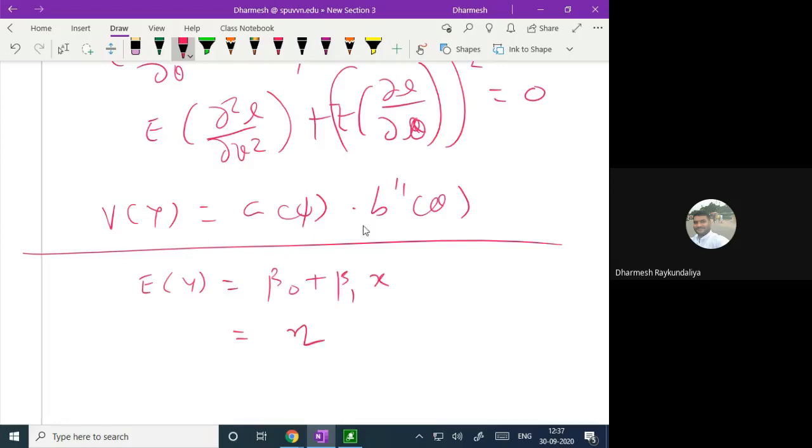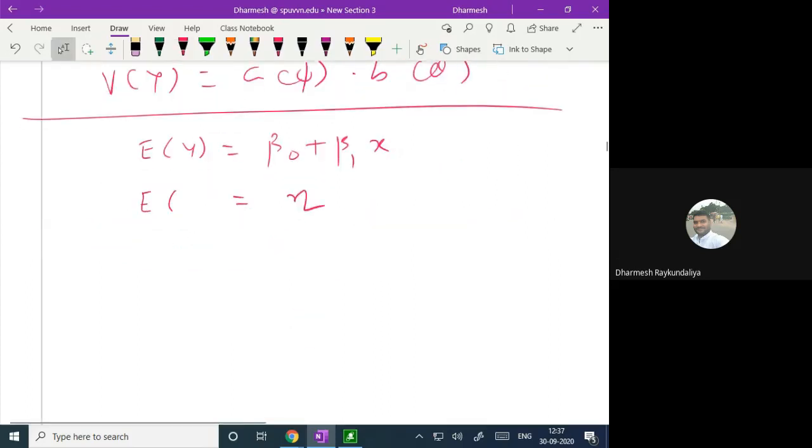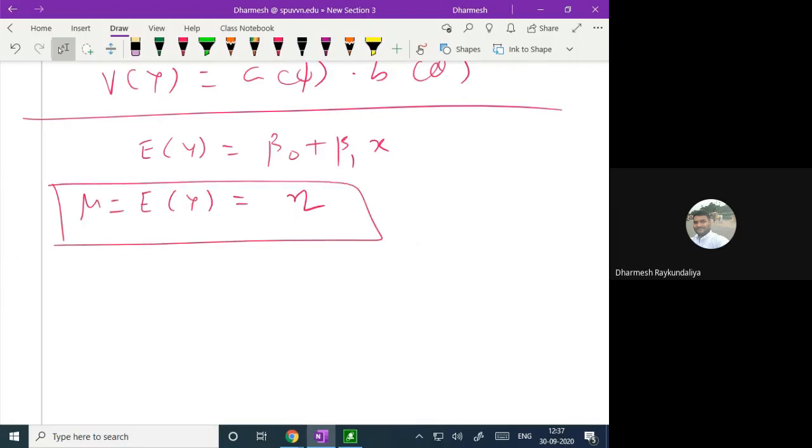Eta is nothing but the linear predictor. That is the identity link in a normal distribution.